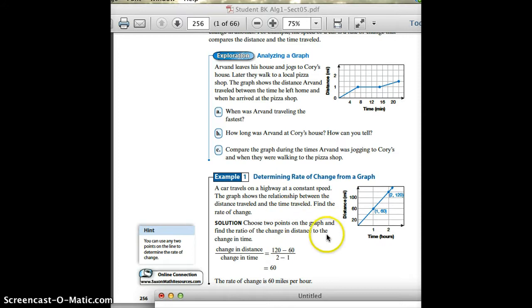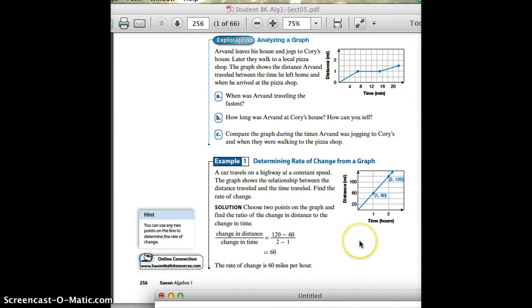All right, so look at the first example. What we're doing here is they've chosen 2 points on the line. You see the coordinates, 1 and then up 60. Here, 2 up 120, and they're going to find the slope using the slope formula. In words, they're saying a car travels on a highway at constant speed.